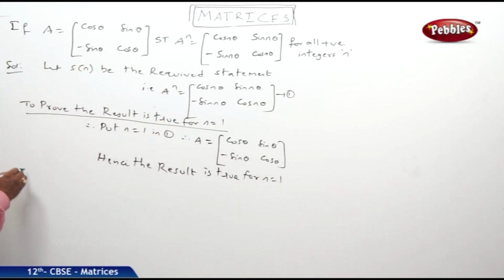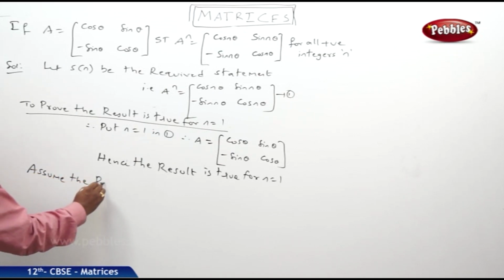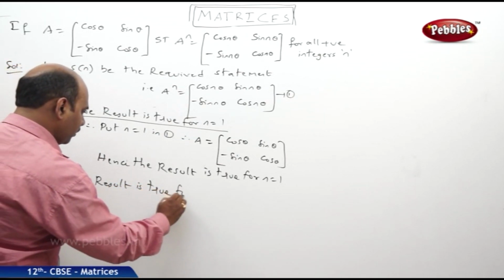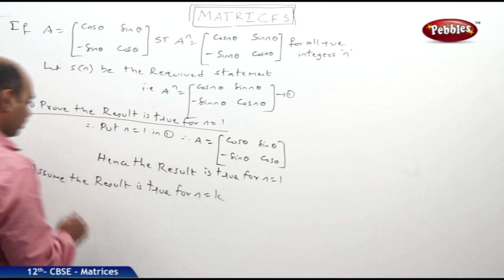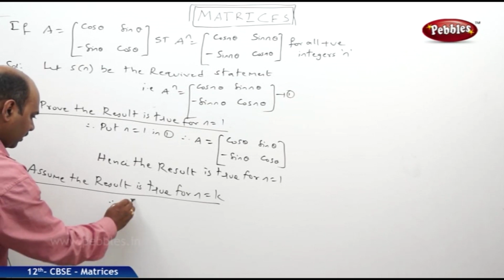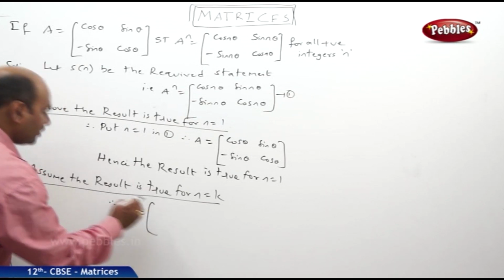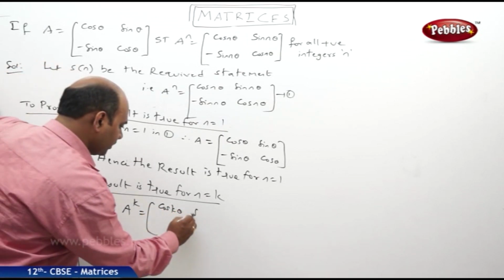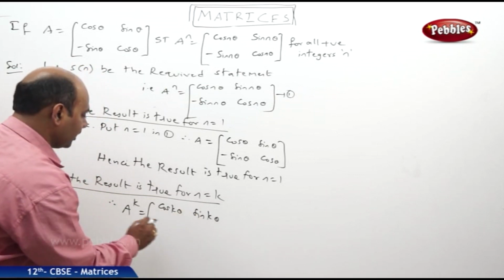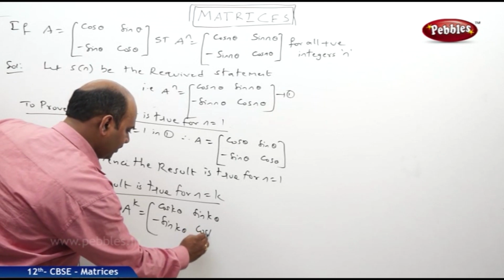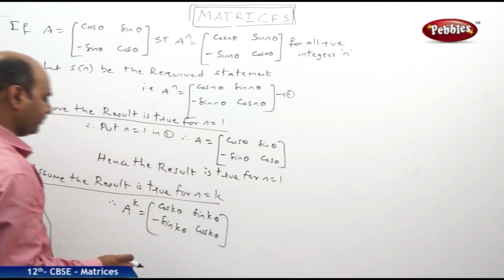Now, what I will be doing? Assume the result is true for n equal to k. Therefore A power k is equal to cos k theta sin k theta minus sin k theta cos k theta.